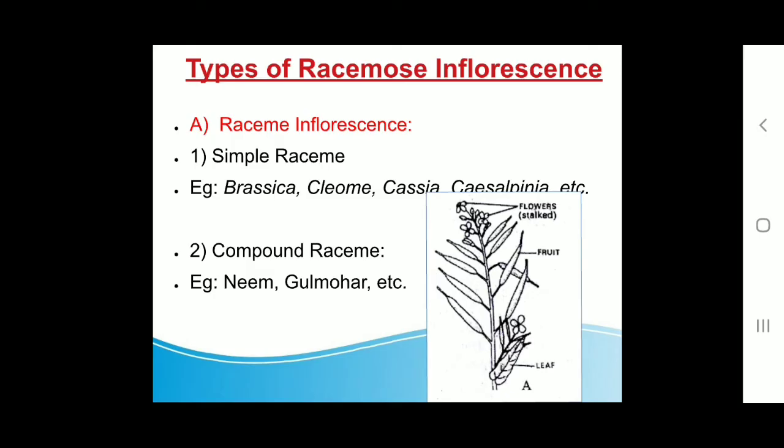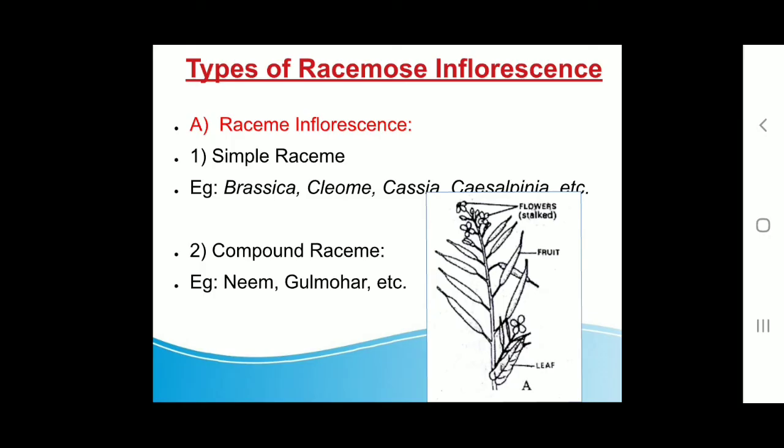In racemose inflorescences, the first type is the raceme inflorescence. On the basis of branched or unbranched main axis, it is divided into two subtypes: simple raceme and compound raceme. So first we see simple raceme. It is characterized in that the primary axis, that is peduncle, is elongated and unbranched, flowers are pedicellate and are arranged in acropetal succession.